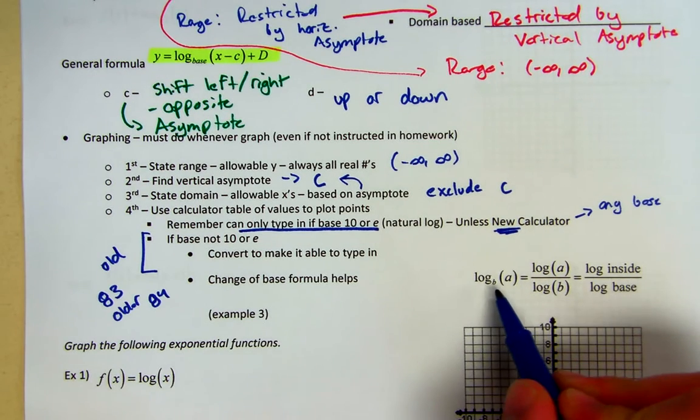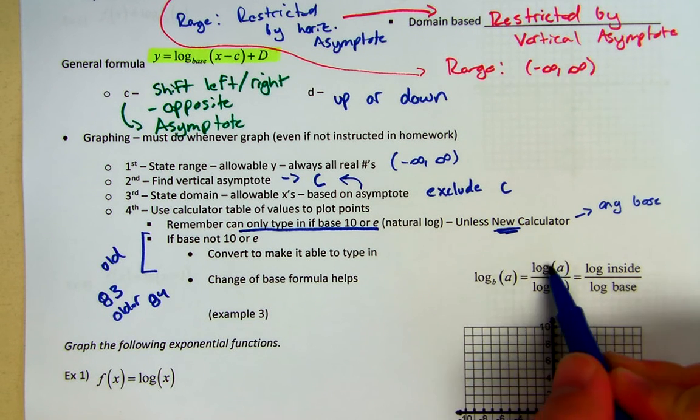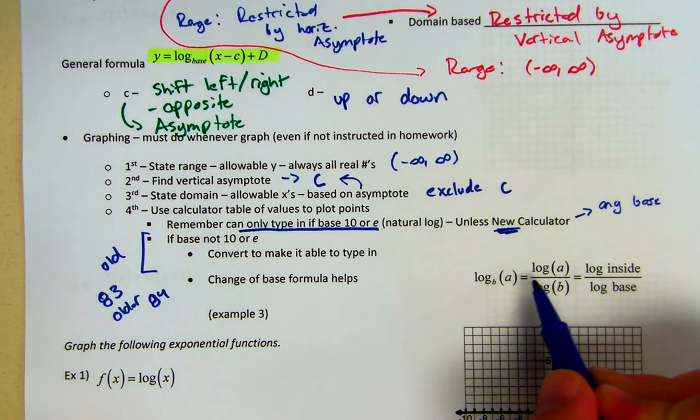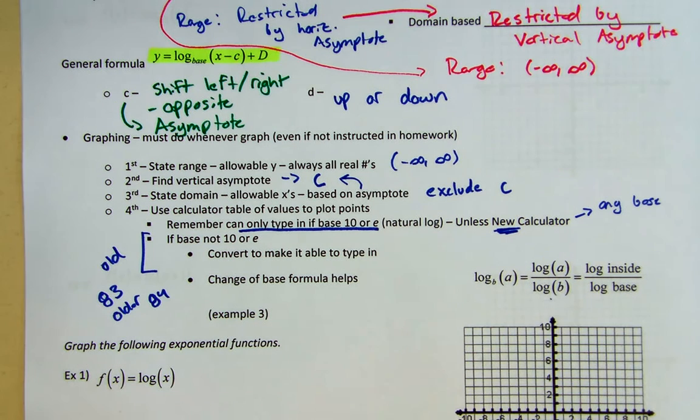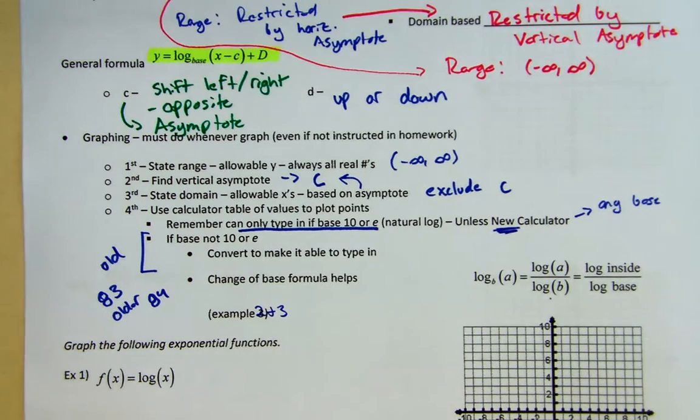We take log base b of a, which is log of the inside on top, log of the base on bottom. We'll get to examples like that in examples 2 and 3.